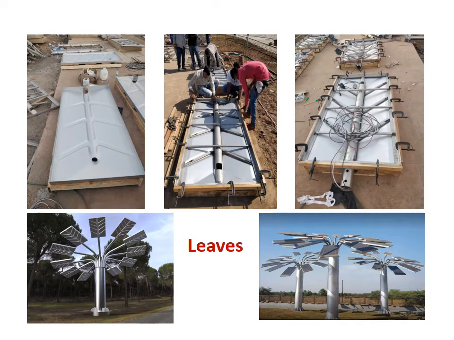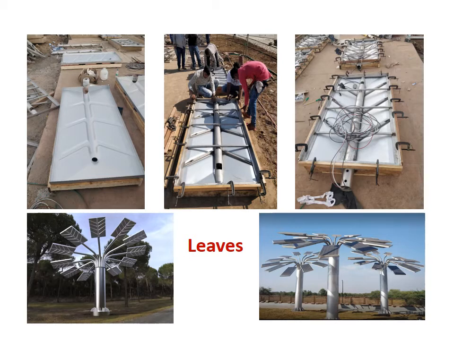See these three photographs shown on the top side. So you can see the wing-like structure, just like the natural one, and then you can see these are being prepared for installation, and then wiring also you can see.